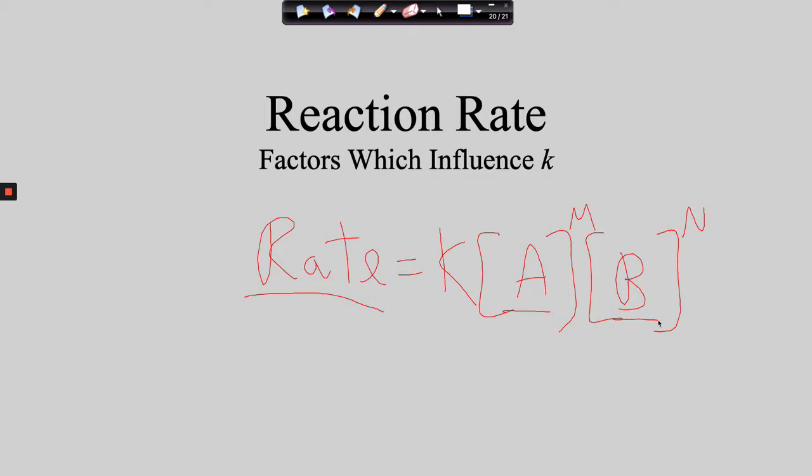When we write a rate law, the things that go in the brackets are the reactants, and more specifically, the reactants that have reaction orders that aren't zero. Can we dwell on that idea for a minute and agree? The things that go in the brackets are the reactants that have reaction orders that are not zero.